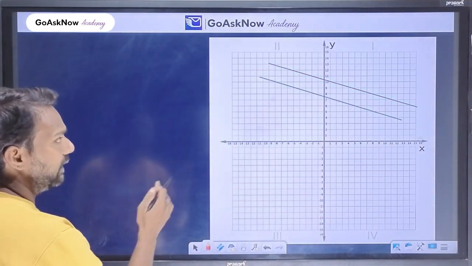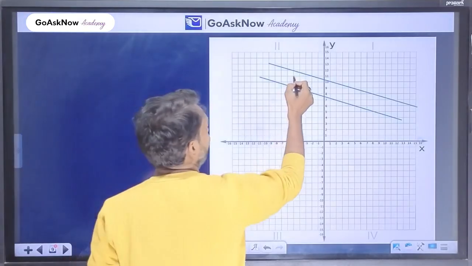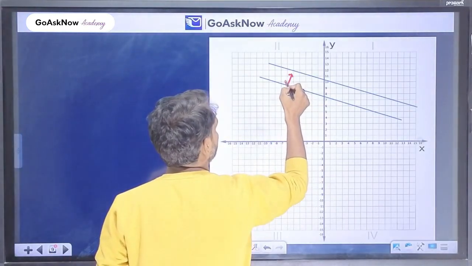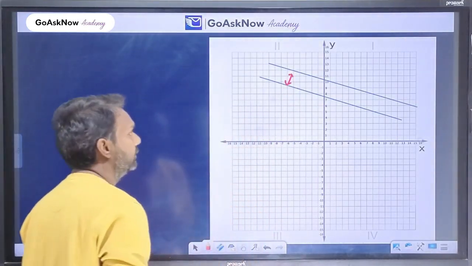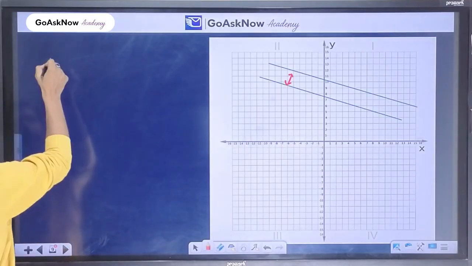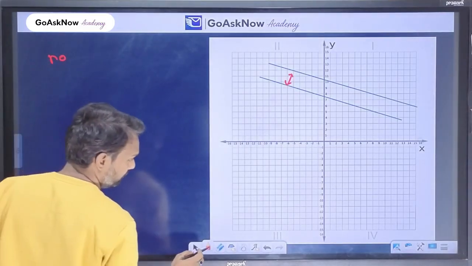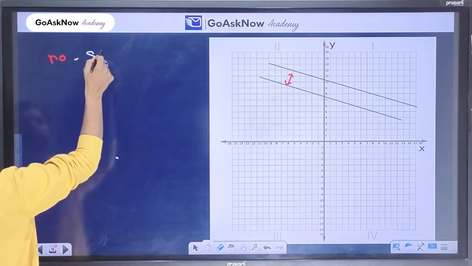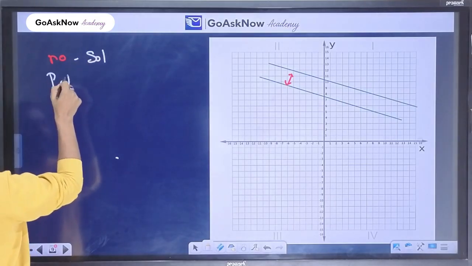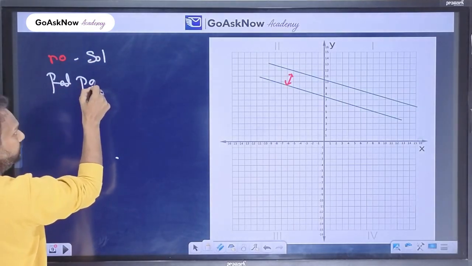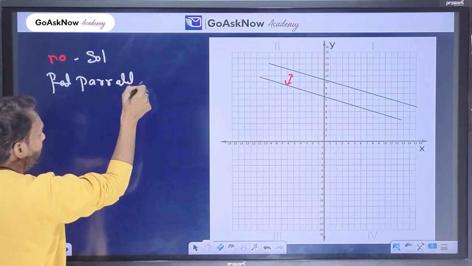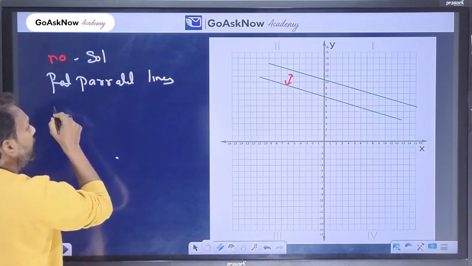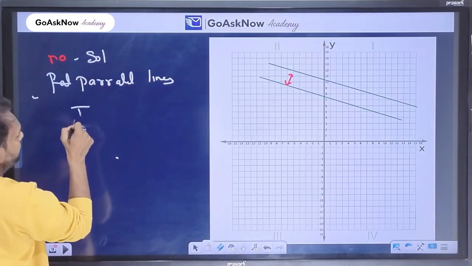Now, third graph. The third graph represents a set of two parallel lines. Parallel lines, no solution, and inconsistent.